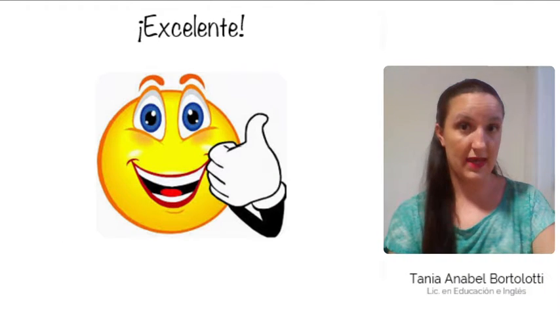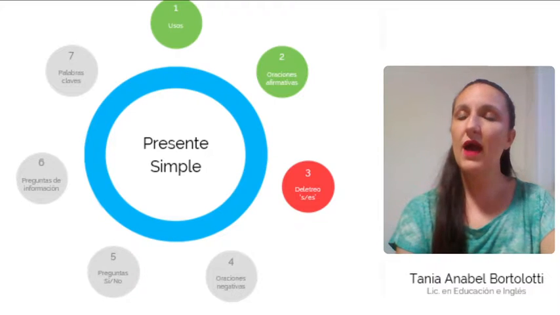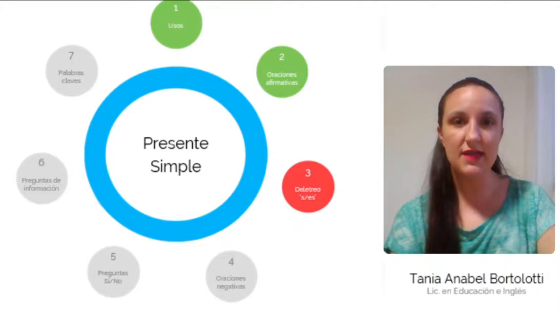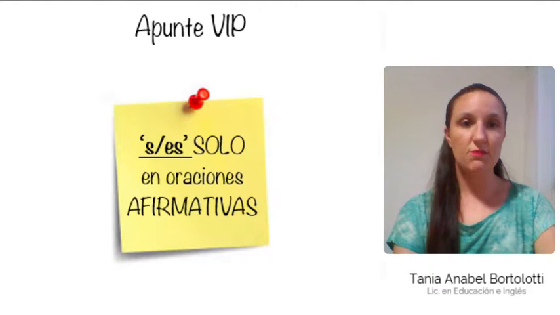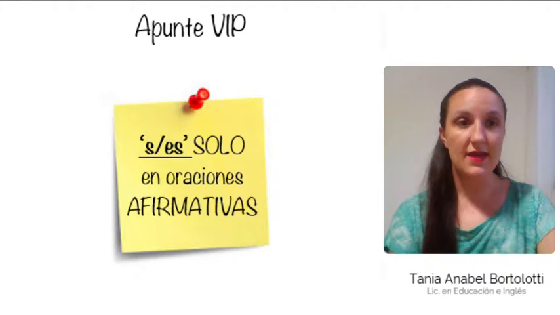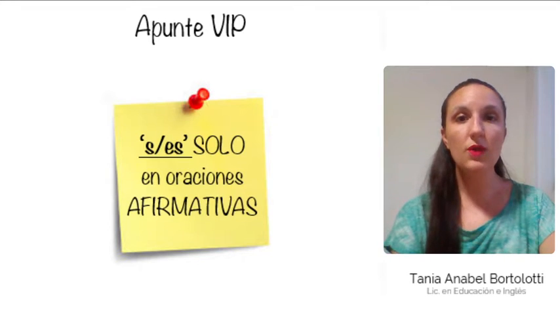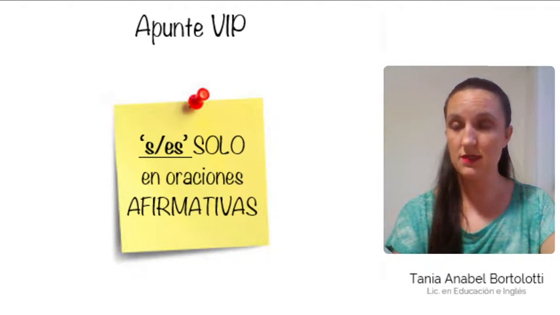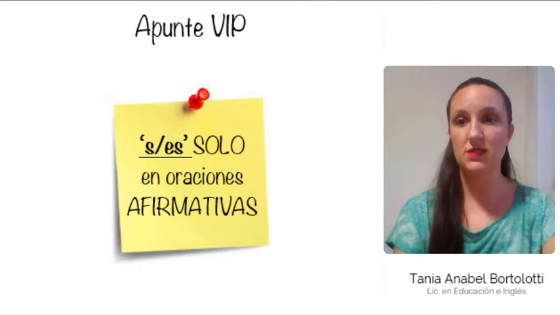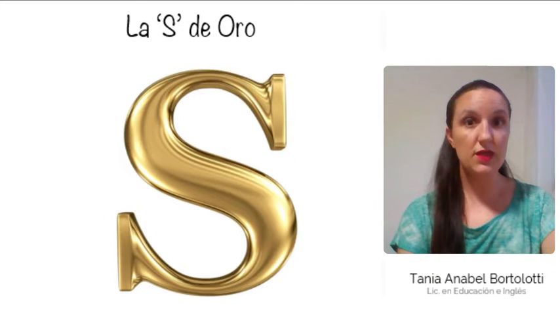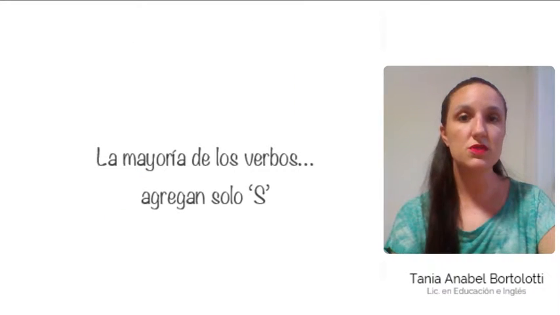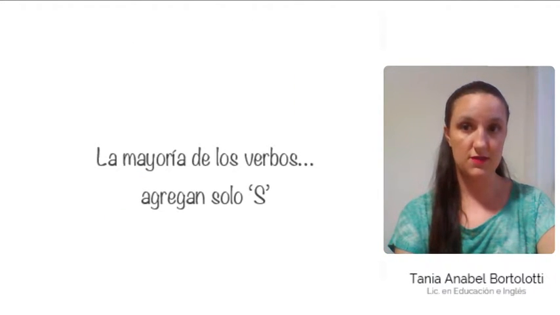Now, excellent so far. How do we know when to add the S and when to add ES? This is important to know. S and ES are only going to be used in affirmative sentences. Yes, remember, this is a very important tip. We have the golden S. When do you use it? In the vast majority of verbs.